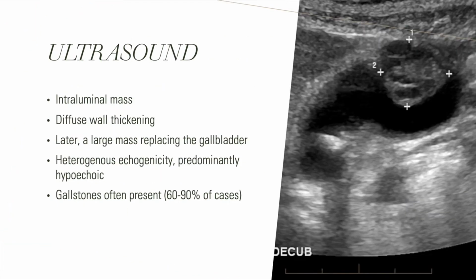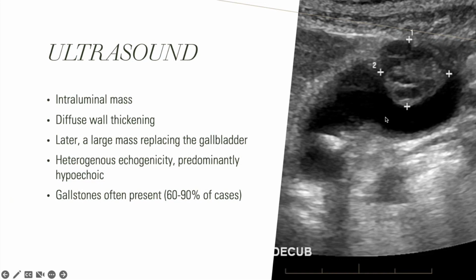So on an ultrasound with gallbladder adenocarcinoma, you may see an intraluminal mass, diffuse wall thickening, as represented here. We do see also the intramural mass, and then a large mass basically completely replacing the gallbladder. This one is a pretty large mass here.